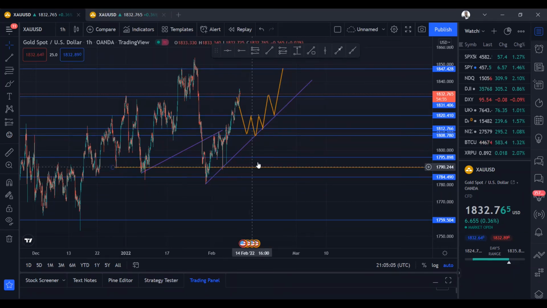For example, I did this analysis a while ago from December 15th, 2021, and then I projected this bullish analysis, and then we were taking the sales from it, but it's still going up.